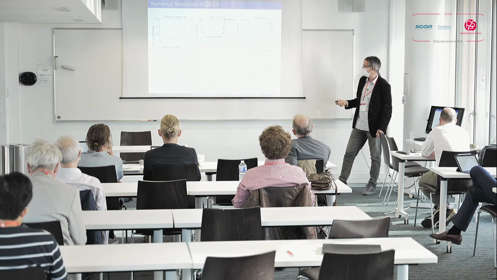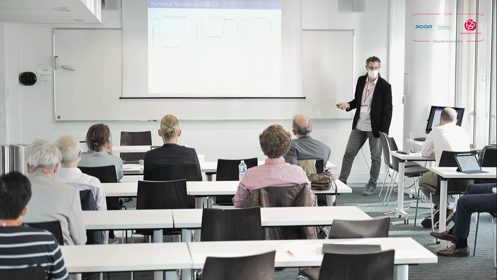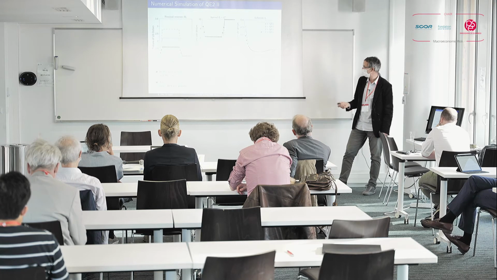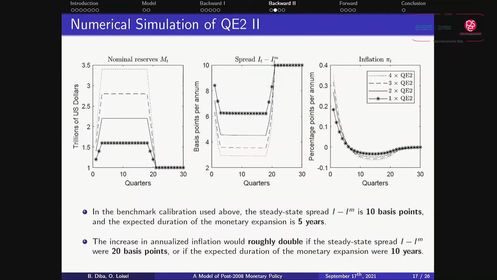If we doubled the spread, so to 20 basis points, or if we doubled the expected duration to 10 years, these figures here about inflation will roughly double. Okay, so still reasonably small.